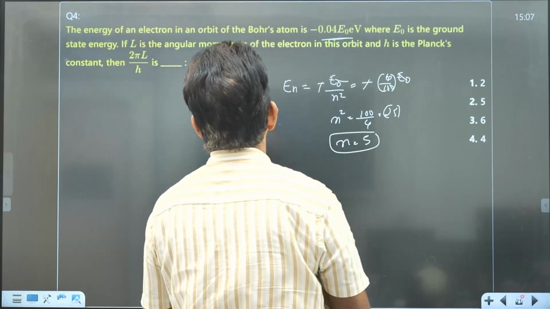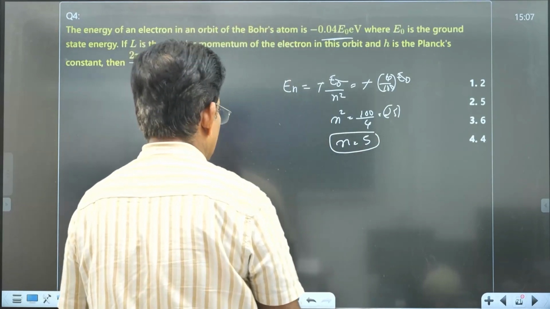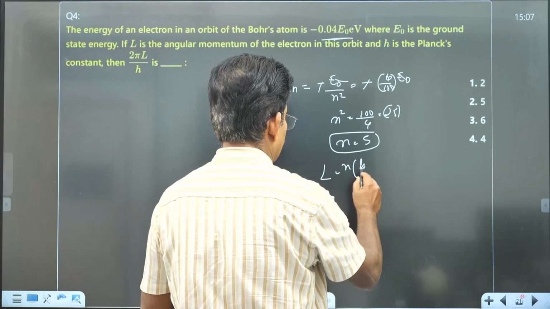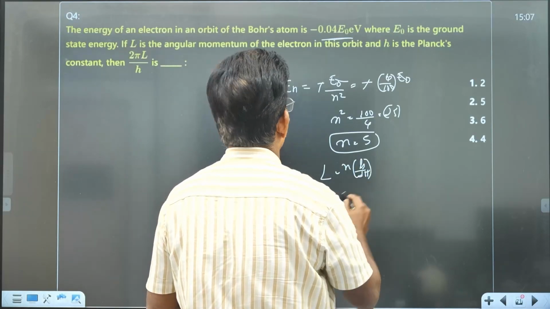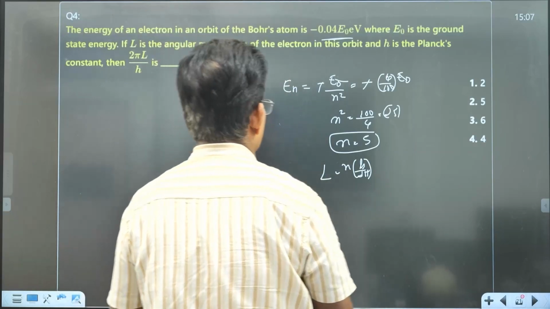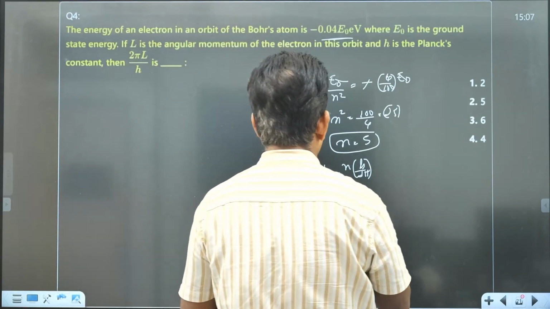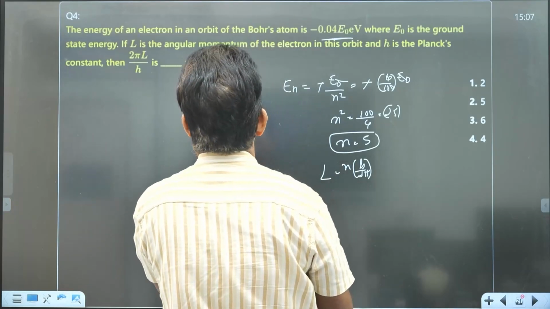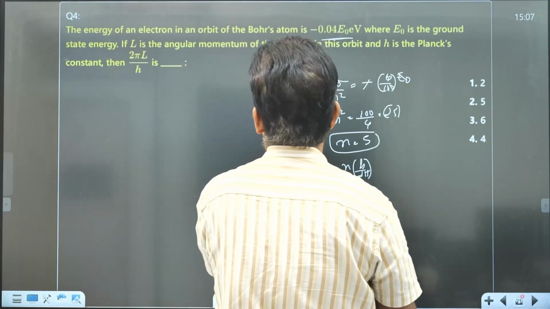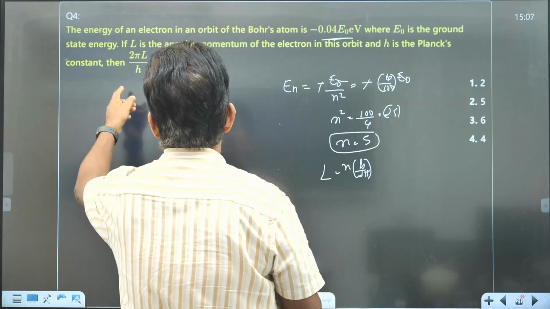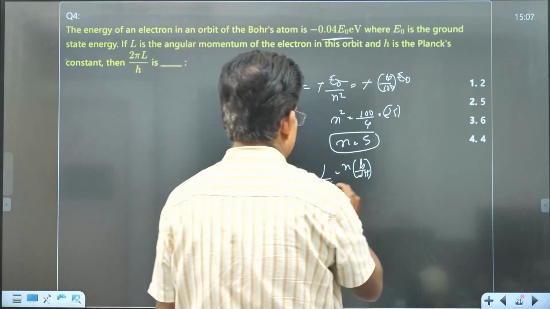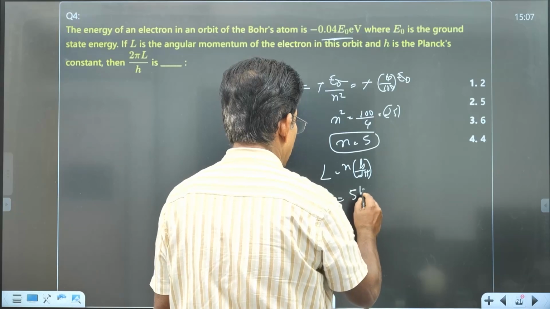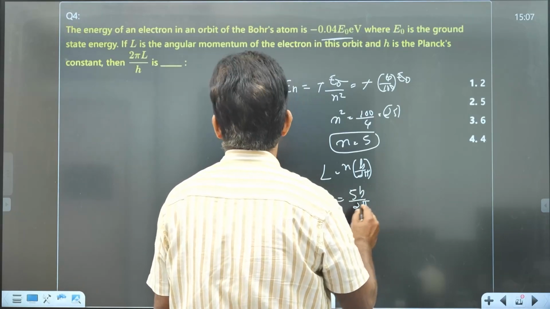And what is the question asked? Angular momentum. Angular momentum is an integral multiple of h by 2 pi. L is the angular momentum of the electron, h is Planck's constant. Then we have to find the value of 2 pi L by h. Here n is 5, so L is equal to 5h by 2 pi.